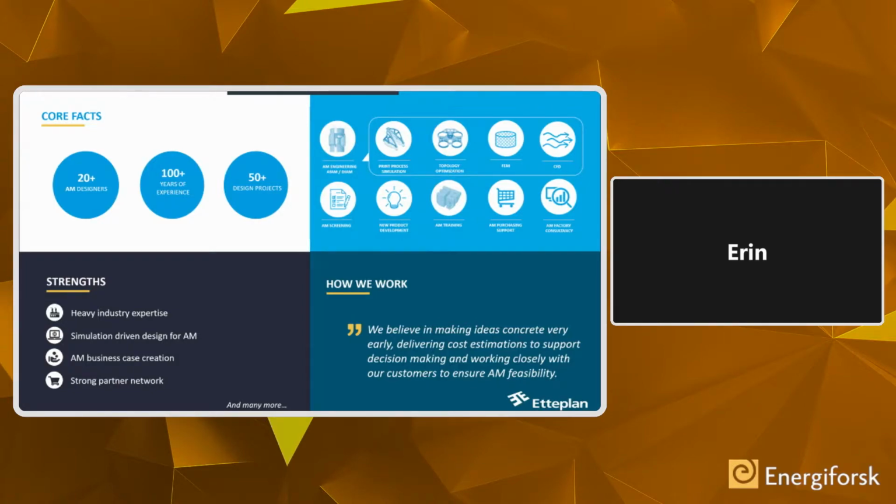And our strengths come generally from our tradition of strong cooperation with our customers, our knowledge in simulation-driven design for additive manufacturing, our ability to identify strong AM business cases, and our extensive partner network. And when I'm saying our partner network, I'm thinking of the service bureaus that we're working with to print the parts, the actual machine manufacturers, the powder suppliers, and so on.